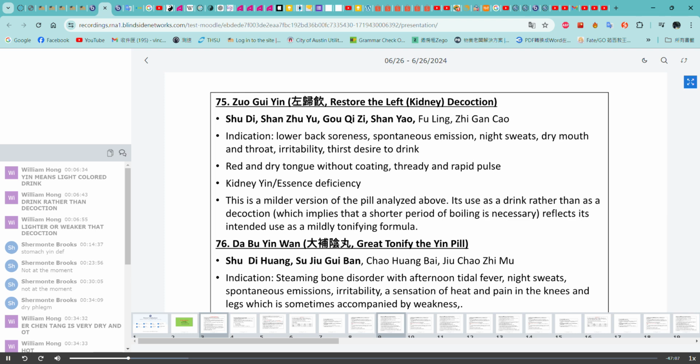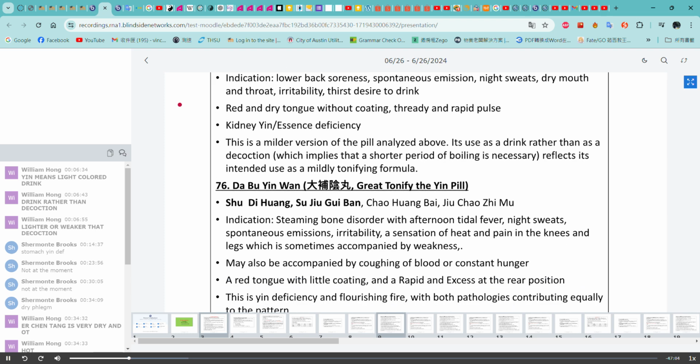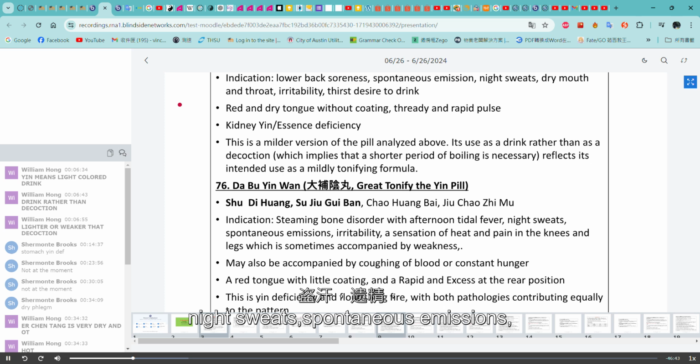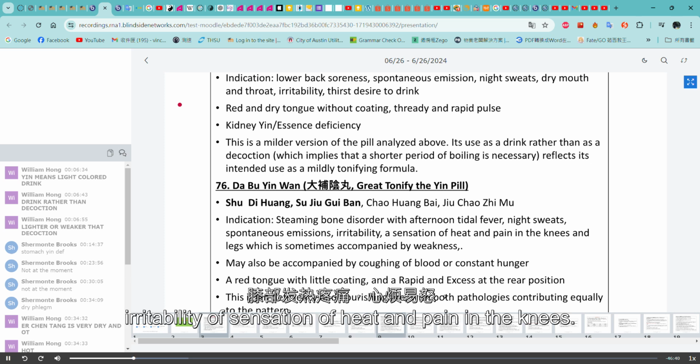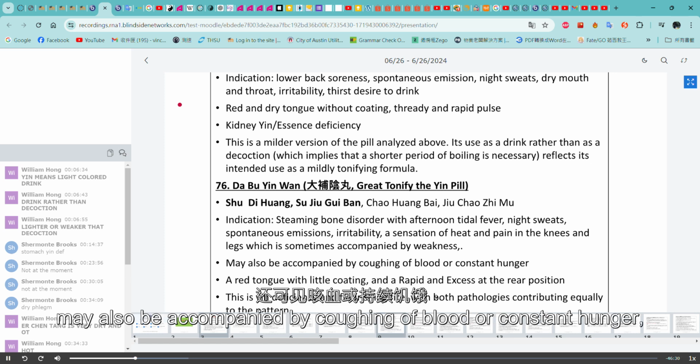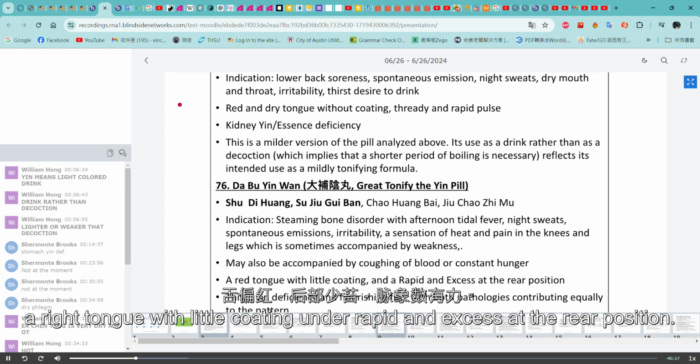76, Da Bu Yin Wan: shu di huang, gui ban, huang bai, zhi mu. Indication: steaming bone disorder with afternoon tidal fever, night sweats, spontaneous emissions, irritability or sensation of heat and pain in the knees and legs, sometimes accompanied by weakness, may also be accompanied by coughing of blood or constant hunger, a red tongue with little coating and a rapid pulse, excess at the rear position.